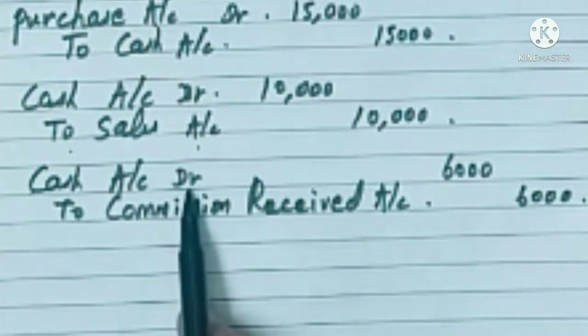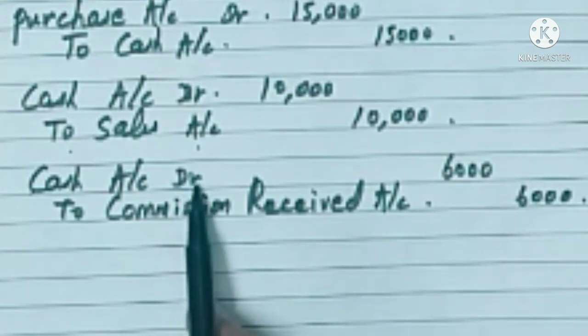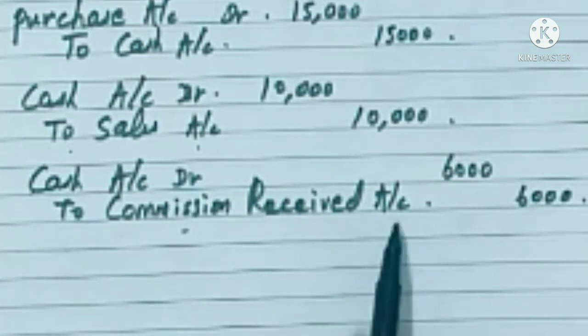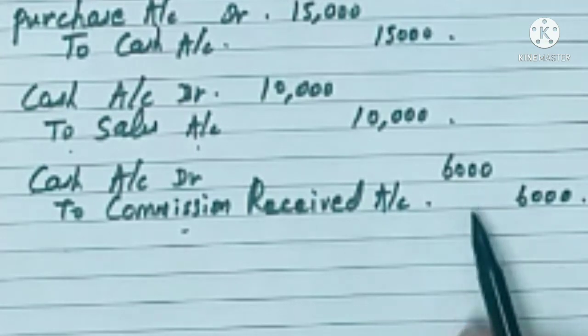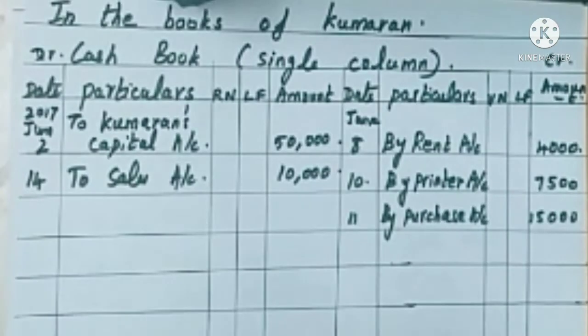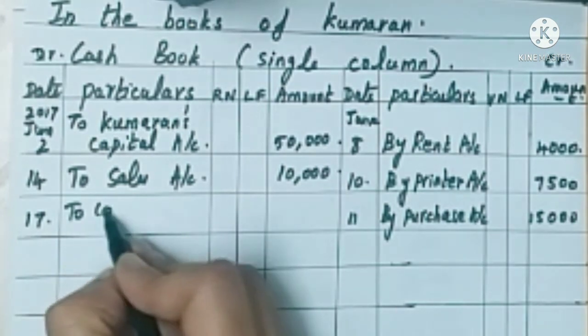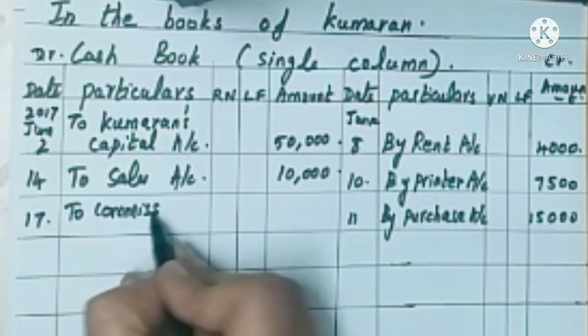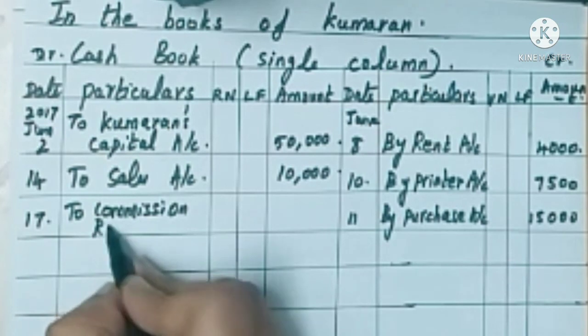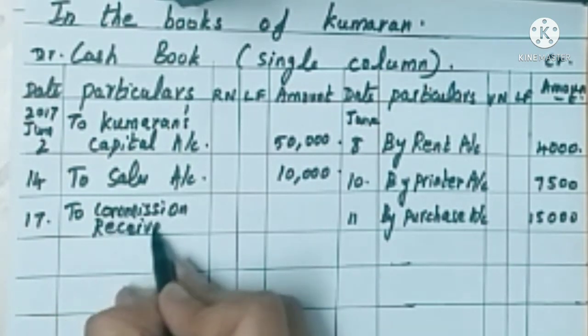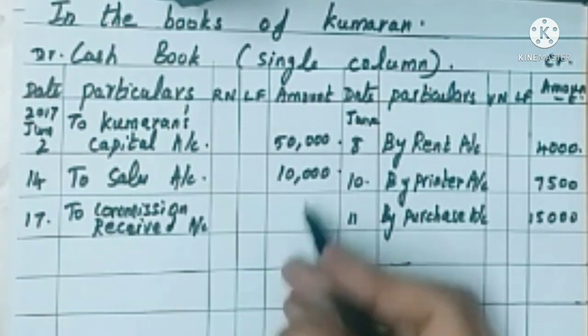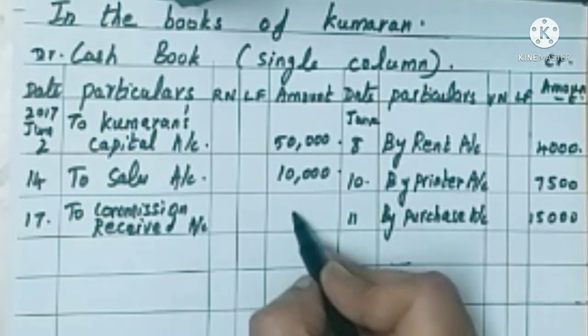So I'm going to write it on the debit side of cash book: 17th June, to commission received account, rupees 6,000.